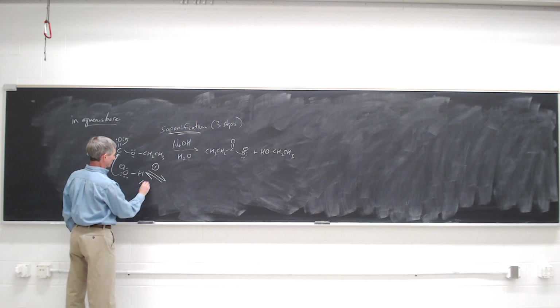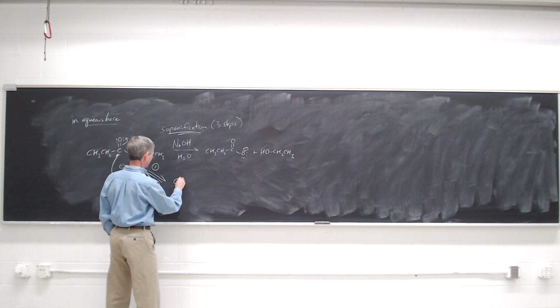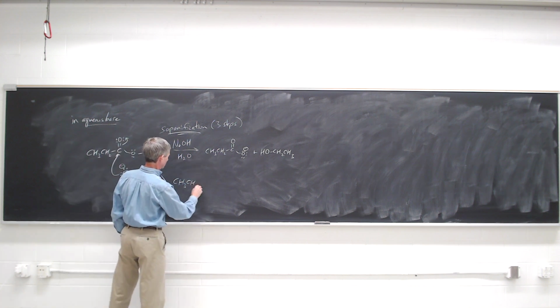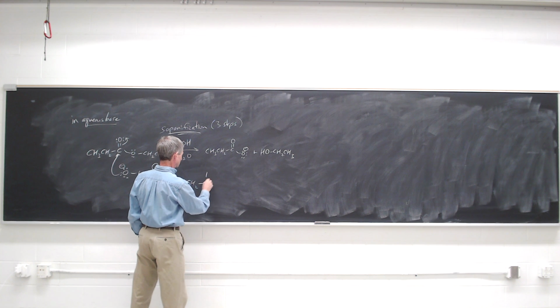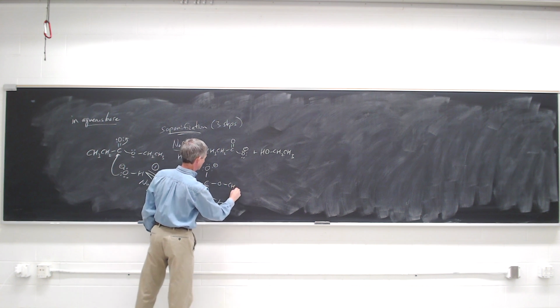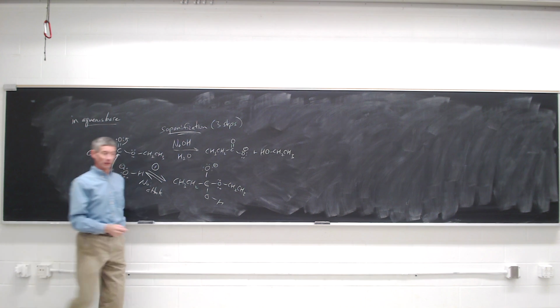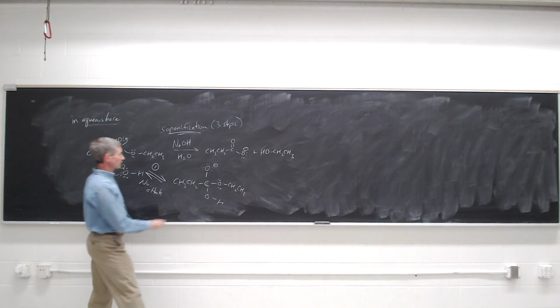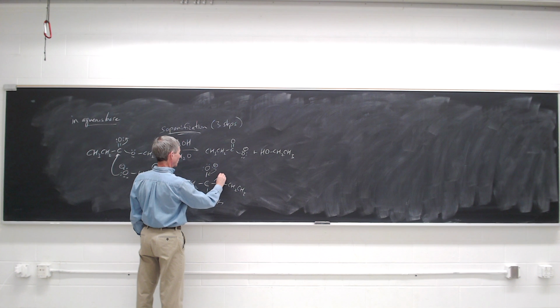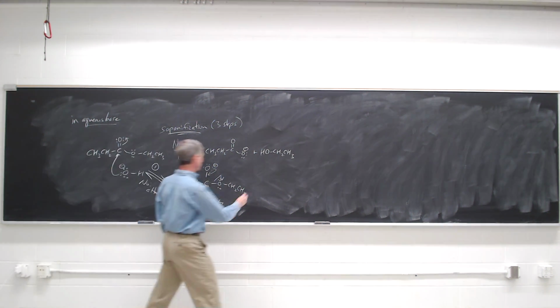Step one is the nucleophilic attack. This is the equilibrium. Step two is the loss of the leaving group. It's a very unfavorable leaving group. Alkoxide ions are strong bases, and so they don't really want to leave.